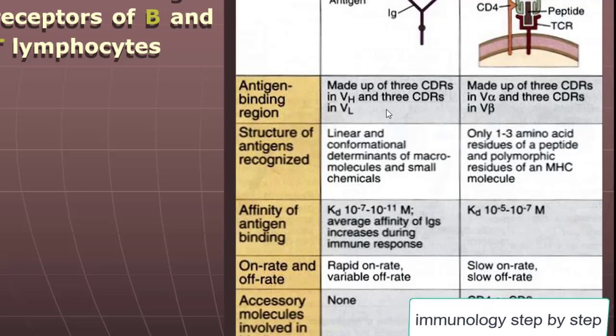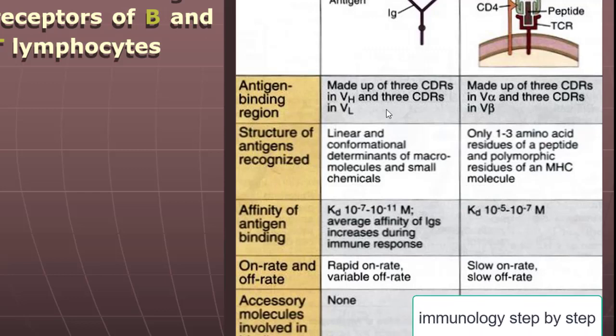The antigen recognized by Ig can be linear or conformational, of macromolecules and small chemicals. The T cell receptor recognizes only 1 to 3 amino acid residues of a peptide and the polymorphic residues on MHC molecules. The affinity of antigen binding of Ig increases during the immune response.